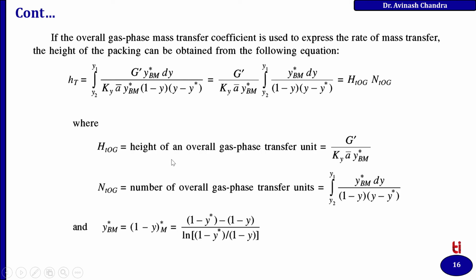So HTOG is the height of an overall gas phase transfer unit, and NTOG is the number of overall gas phase transfer units. HTOG is defined as G' upon Ky A-bar yBM, whereas NTOG is the integral of yBM dy upon (1 - y)(y - y*). And we know that yBM* equals (1 - y*) at the mean value. So this is the log mean value.